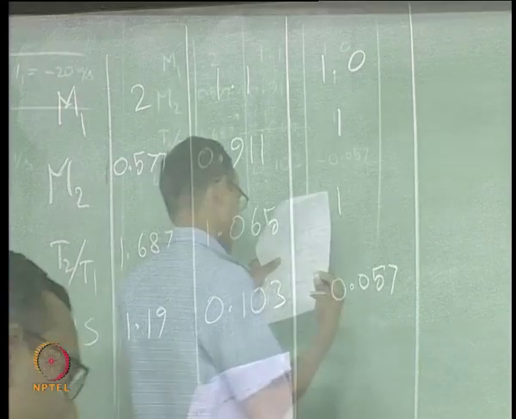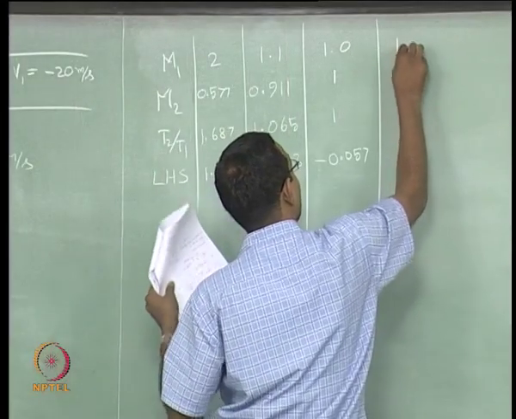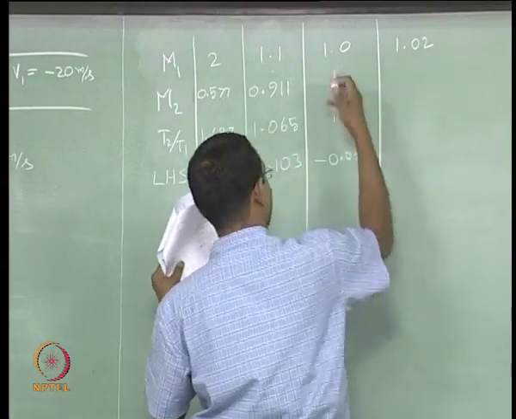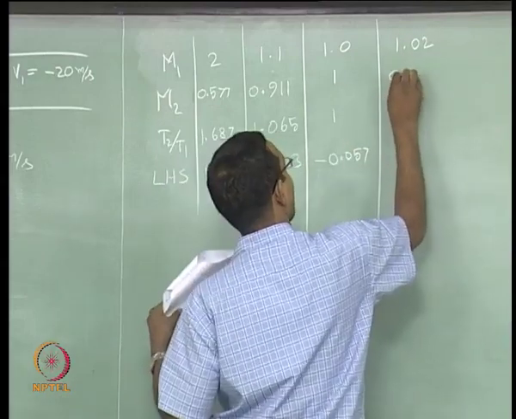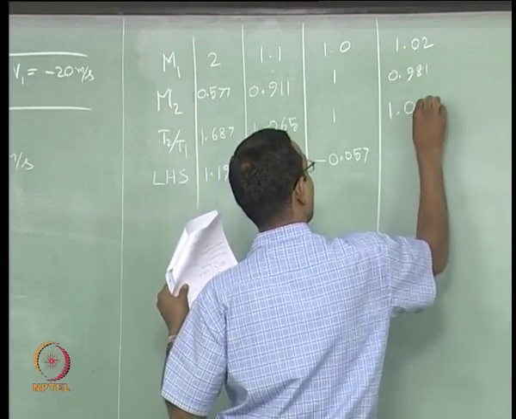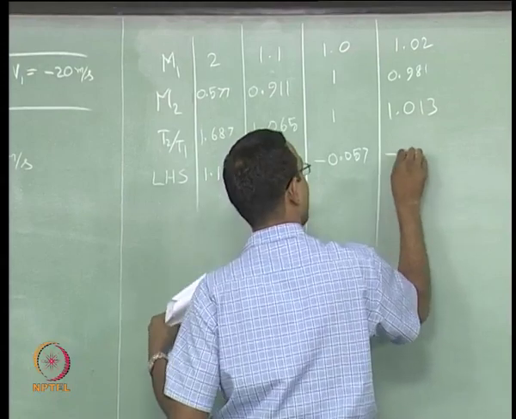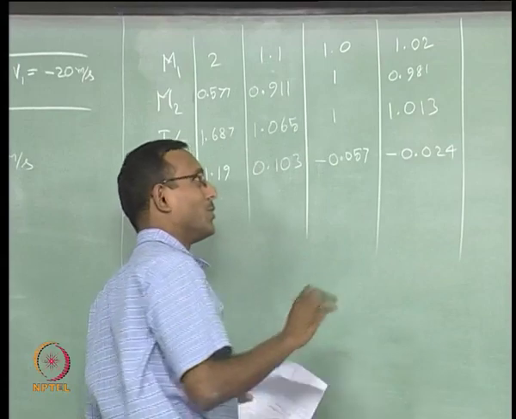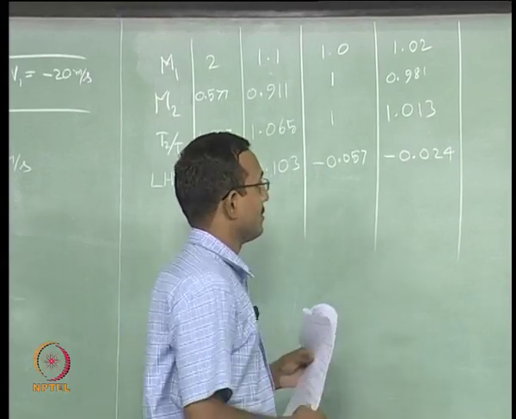Okay. Now I just have to guess. In my tables I have only a set of numbers. I'll get 1.02. That's the closest I can get to 1. I have 0.981, 1.013. That gives minus 0.024. I want to go even closer. Okay.